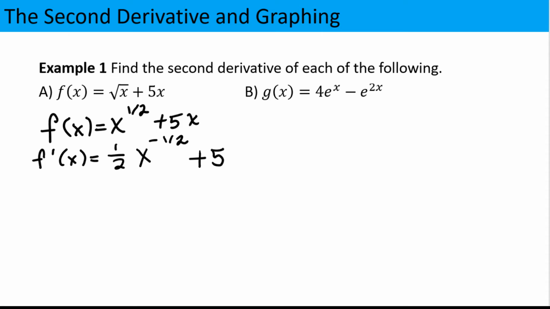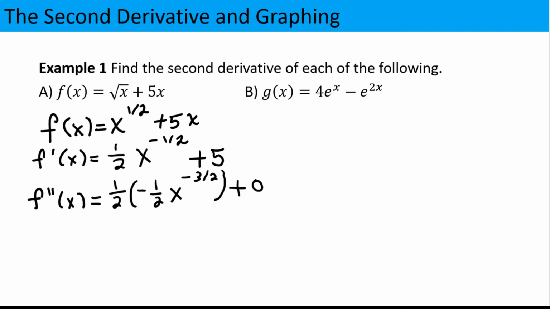Now we take the derivative again. f double prime of x is, we bring the negative 1/2 down, so let's go ahead and write it out. The 1/2 from before, bring the negative 1/2 down, x to the power of negative 1/2 minus 1 is negative 3/2, and the derivative of the constant 5 is just 0.